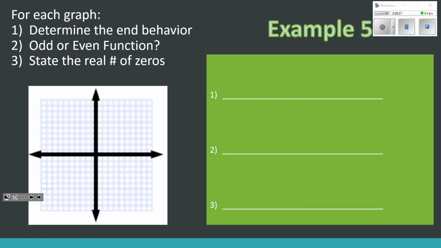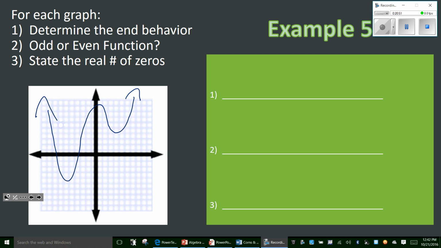All right, last one. All right, here we go.